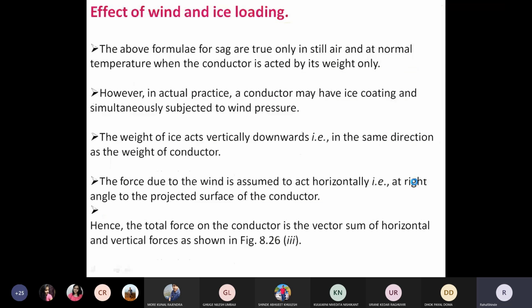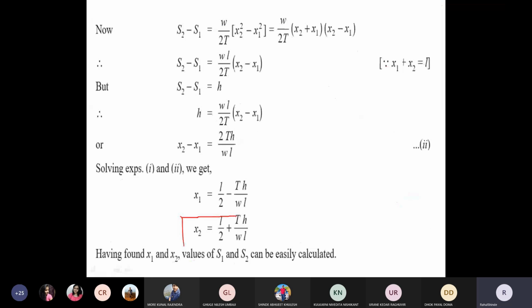It will be T H L by 2 plus T H, tension multiplied by the height difference, divided by omega into L. So L is the line span, already known to us. Tension we have just found out. H is nothing but the height difference, 15 meters, which is given. For the weight, you can use Wt, which we have also calculated. L is again the line span. So by using this formula, you can calculate the x2 value.